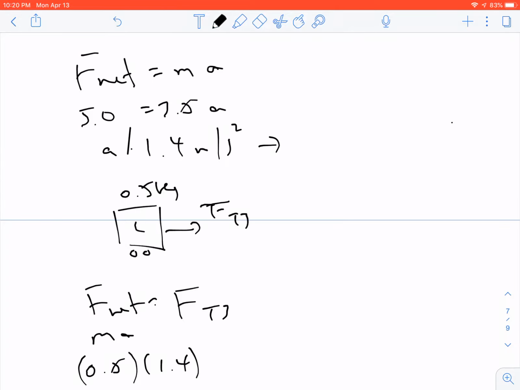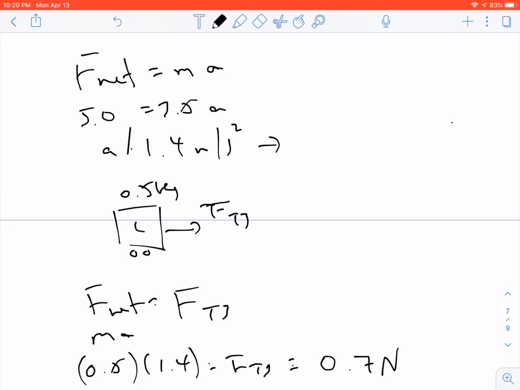So my FT3 is going to be 0.7 newtons. Okay, that's the force in string number 3.